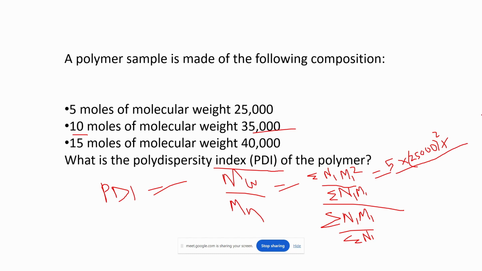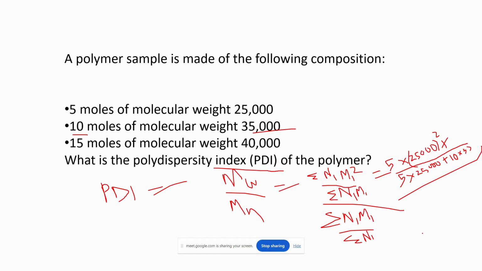All of these you add up, and below this it will be 5 into 25,000 plus 10 into 35,000, and so on.